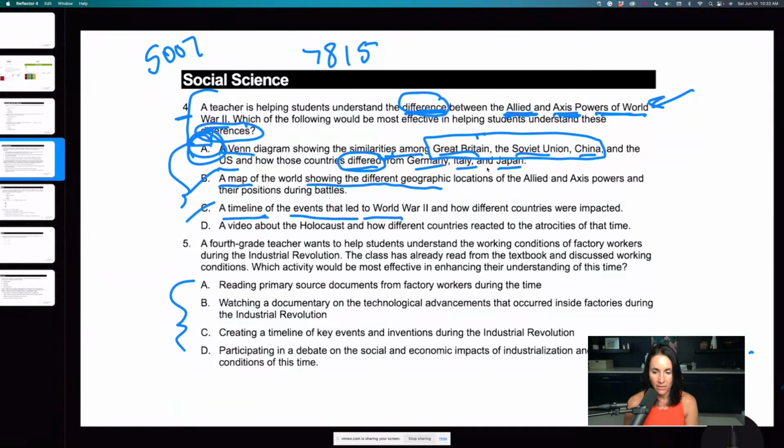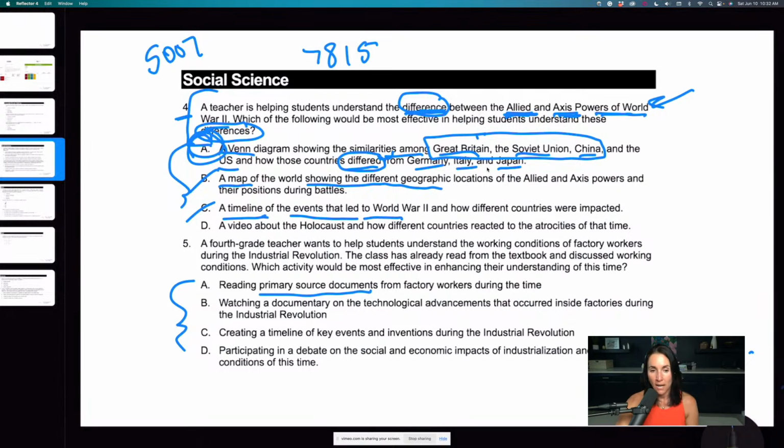Again, looks like a big scenario question for me. A, reading primary source documents from factory workers during this time. Okay, primary source document is a good word on this exam. What they want you to understand about this test is that you should be using primary and secondary sources to reinforce concepts. So a primary source is straight from the people who experienced the phenomenon.